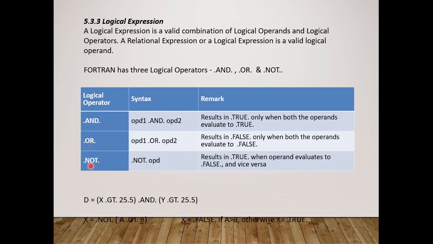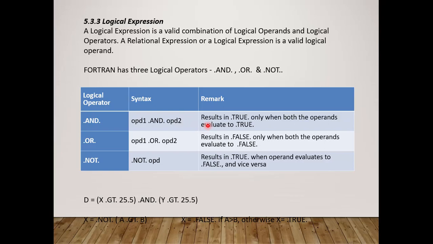And, or, not. To write them: dot and dot, dot or dot, and dot not dot. For the syntax of dot and dot, operand 1 would be on the left hand side and operand 2 on the right hand side.